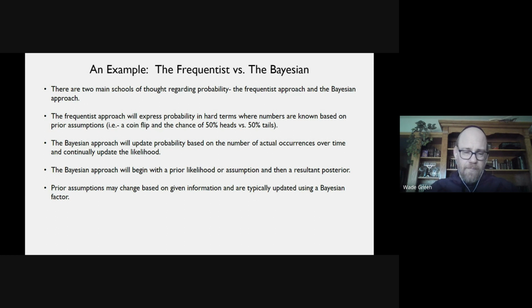Prior assumptions can also change based on given information, and they're typically updated using a Bayesian factor. We're not going to get into that in great detail, but let me give you an example.